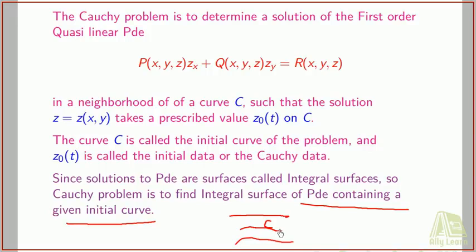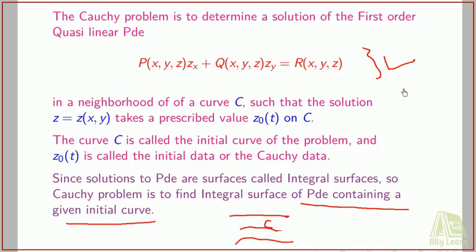Okay friends, so again I repeat, what we do in the Cauchy problem: we have a first order quasi-linear PDE. We find its general solution, and that general solution contains an arbitrary function, and solutions to first order quasi-linear PDEs are surfaces. So for every such function we have a solution surface.